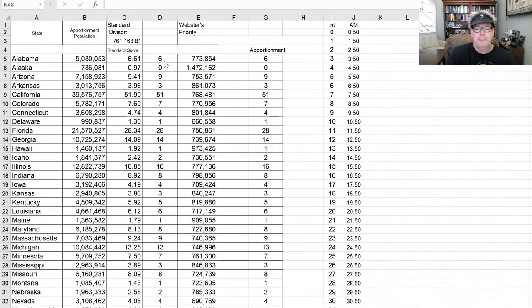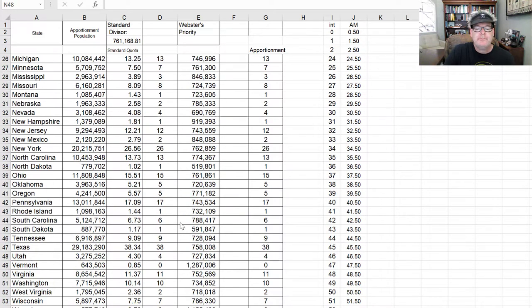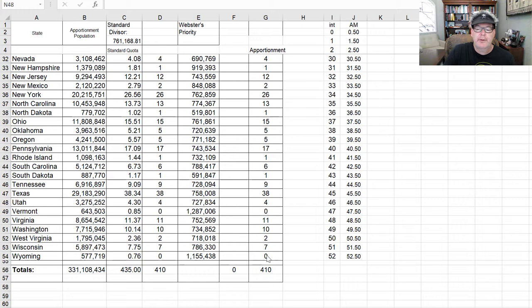So you just take the mean of where you're at and where you're going to go. In this case, 6 and 7. The arithmetic mean is 6.5, so I just divide the state's population by 6.5, or divide this population by 0.5. That one you can see, this is just doubled. And so you get the priority that way.